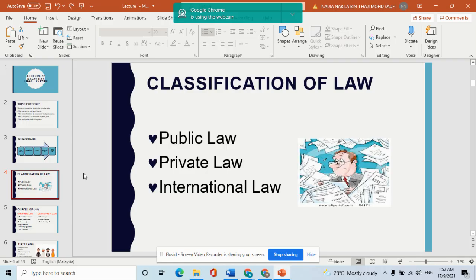But for private law, myself being in my own house, with another person being in their own house. The same goes for private international law and public international law. The same concept applies.